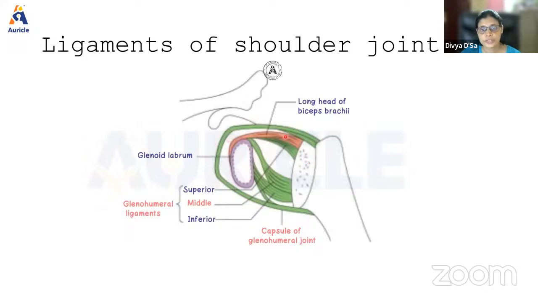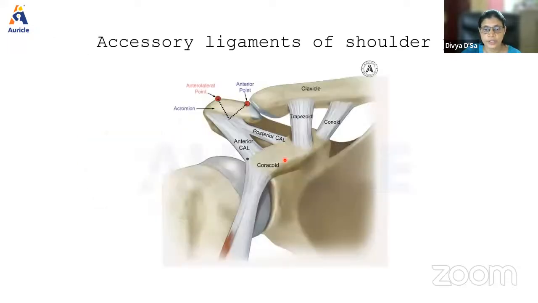If you see these ligaments which are within the capsule of the joint, there is a gap between the superior and the middle glenohumeral ligament. A slight gap is there. So this is a little weak point, since there is a small gap between them, and that becomes the common reason for the anterior dislocation of the shoulder joint.